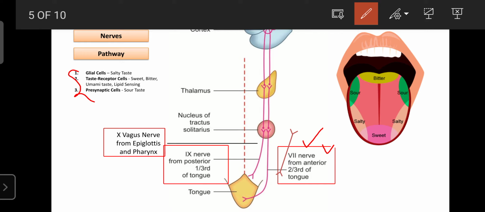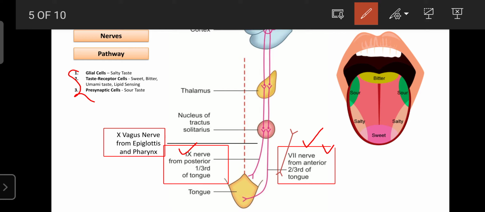Regarding the ninth cranial nerve, that is known as the glossopharyngeal nerve, its nuclei are also present in the pons and medulla.